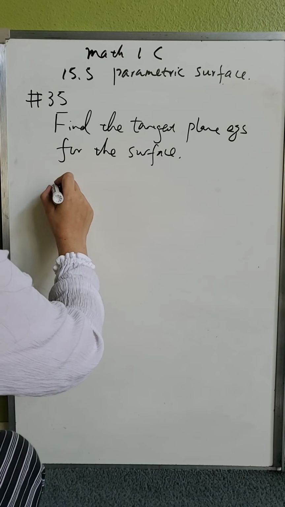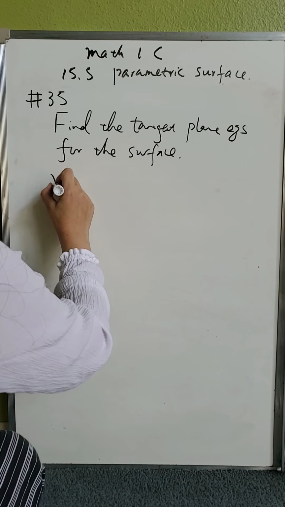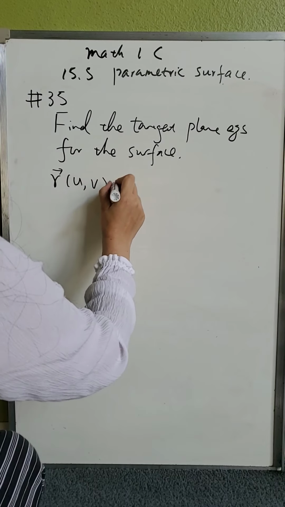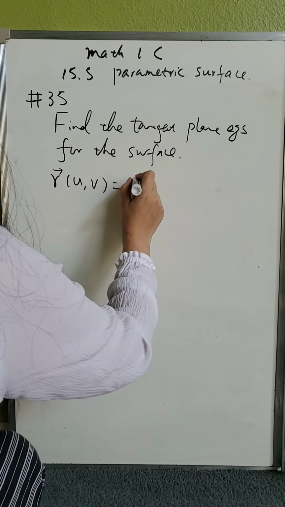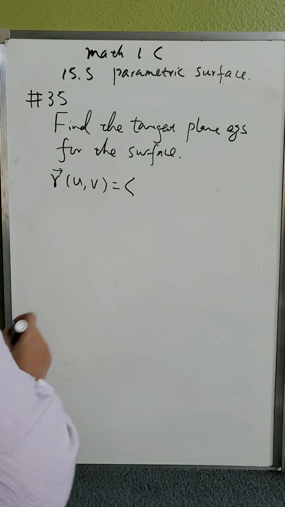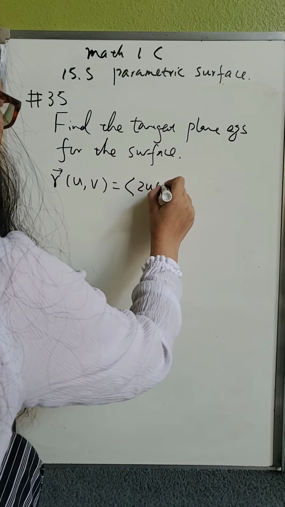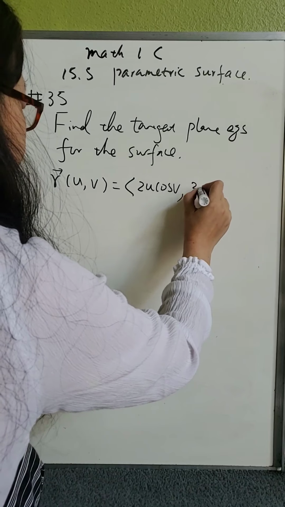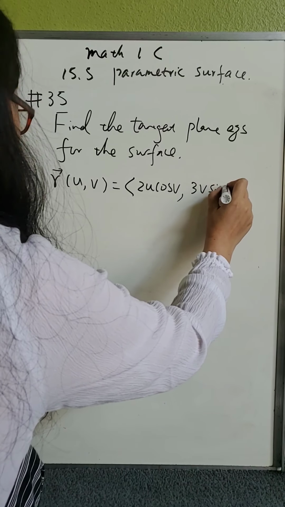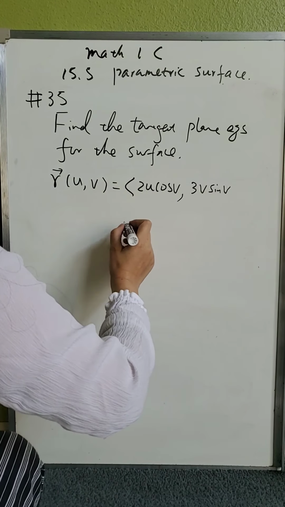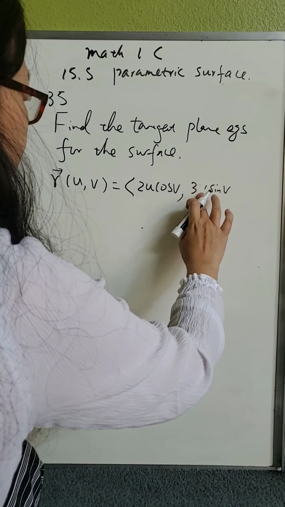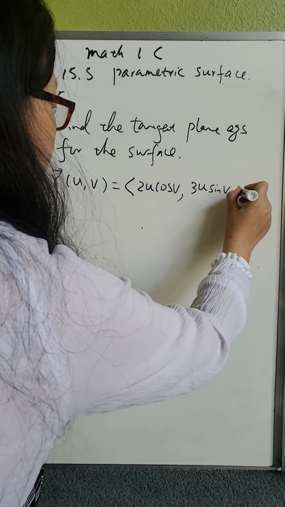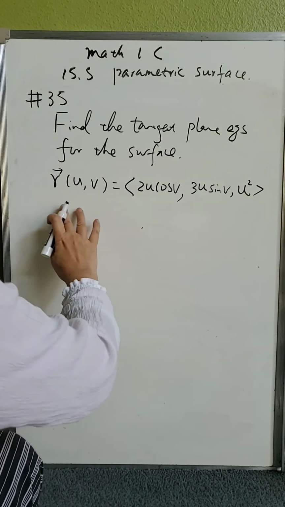This surface is made up by, it's very nice they parameterize the surface for you already, but most of the time they don't. It's just this session they do. 3u, and then u squared. So this is the surface.